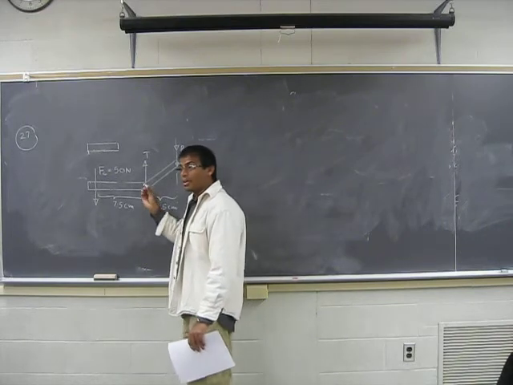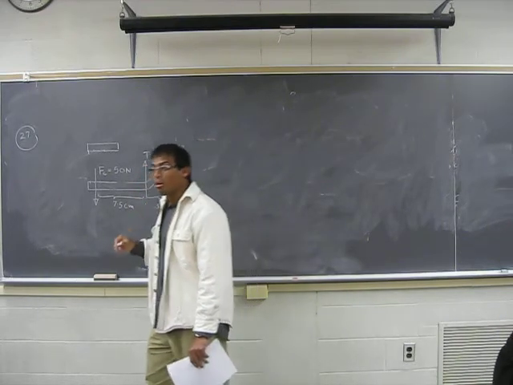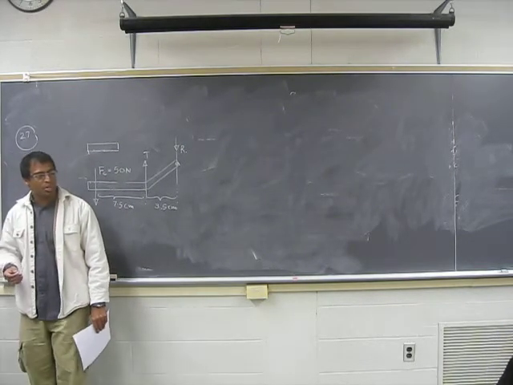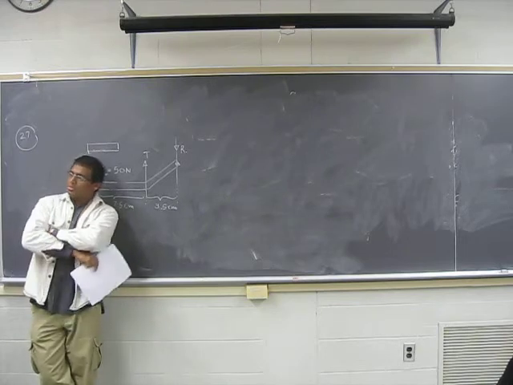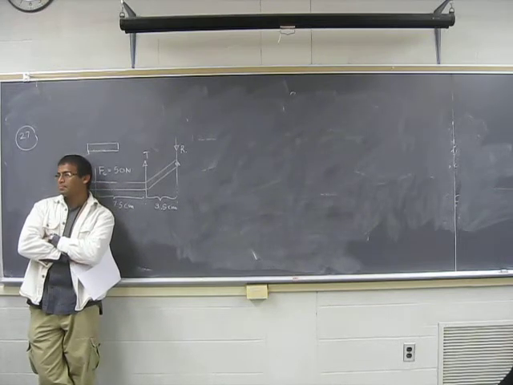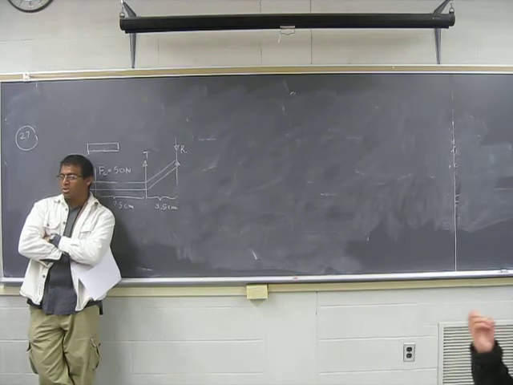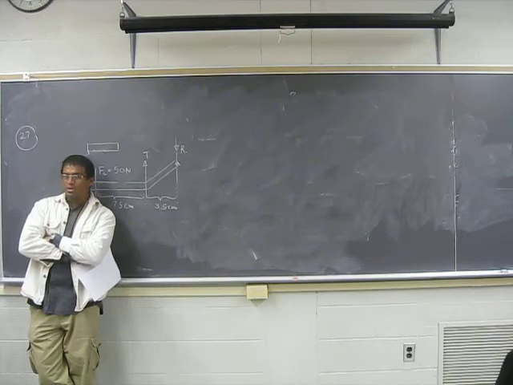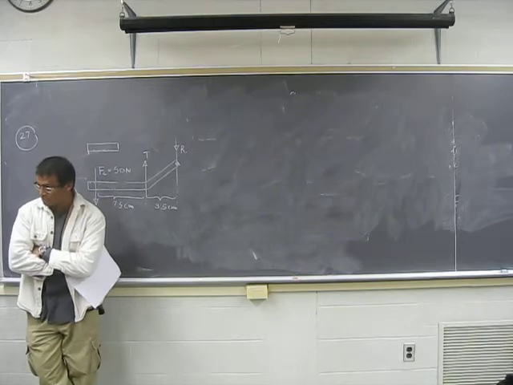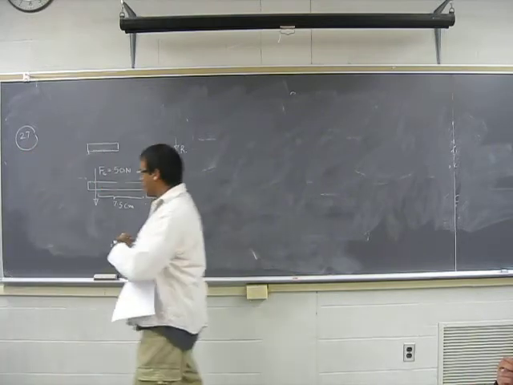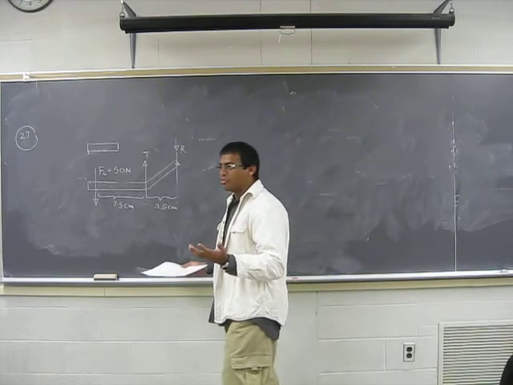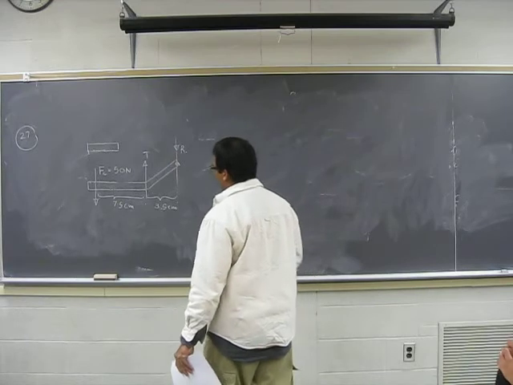Now, if it's not rotating, what can we say about the torques? Rotational motion requires torques. So what can you say about the torques if it's not rotating? It's going to be 0. The sum of all the torques has to be 0. Rotation requires torques. Translational motion requires forces, in other words, to start. Once you start going at a constant velocity, you don't need any force. I'm just saying it at the beginning.